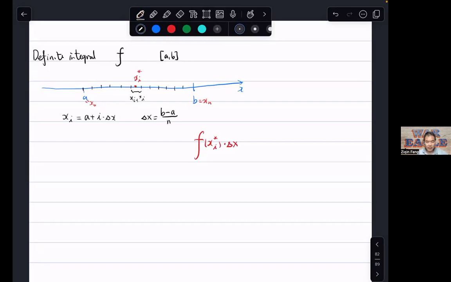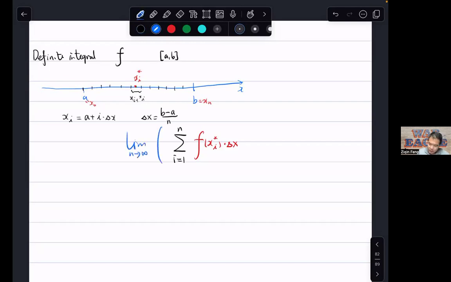Sometimes that's an area of a rectangle, sometimes that's a negative area rectangle. Then we take a summation, i from 1 to n. If f is positive, this is a good approximation of the area of the region under the curve. Then we take the limit, letting n go to infinity.